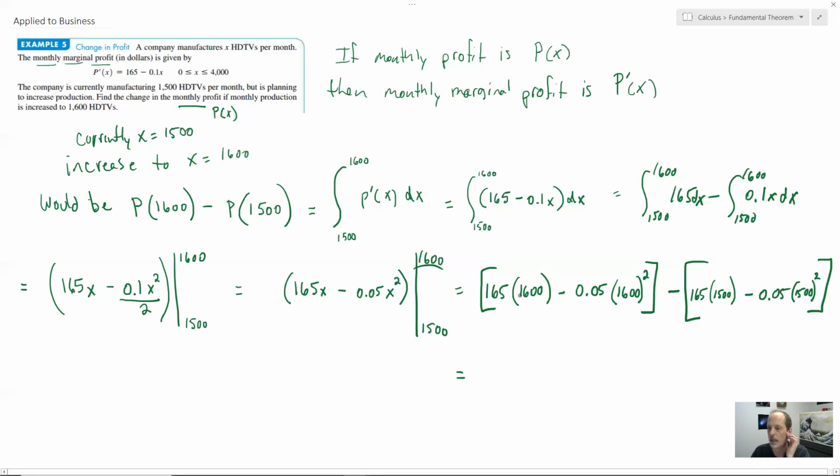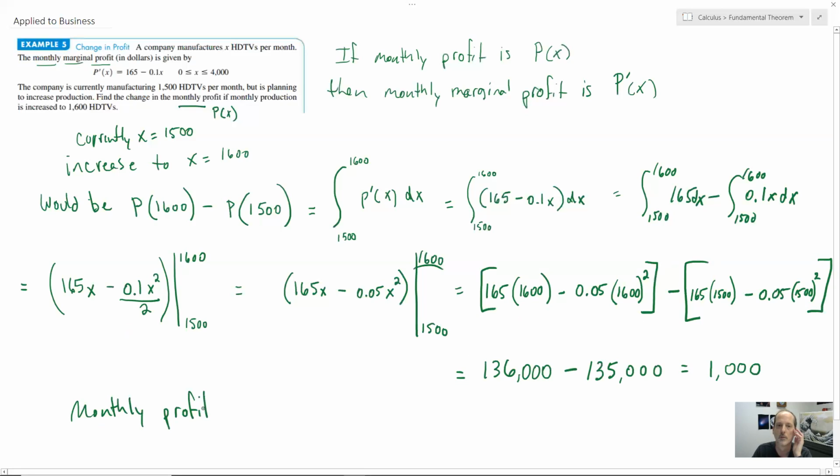Okay, so 136,000 minus, this turns out to be 135,000. Okay, so the monthly profit goes up.